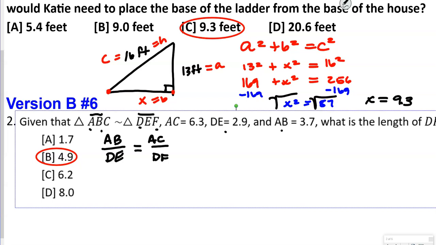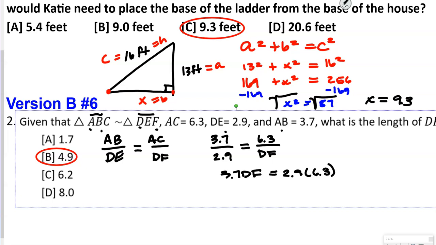So then we're just going to fill in what these values are, and we're going to cross multiply. So AB is 3.7, DE was 2.9. That's going to be equal to our AC, which is 6.3, and then we're going to solve for our DF, right? So this is going to be 3.7 DF is equal to 2.9 times our 6.3, right?